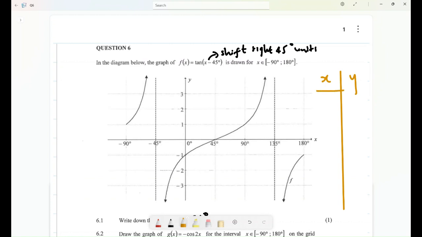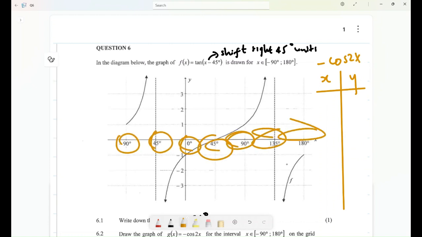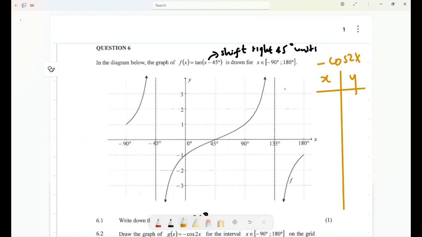Remember it is negative cos 2x. I'm going to include all of these x values in that interval: negative 90, negative 45, 0, 45, 90, 135, 180.